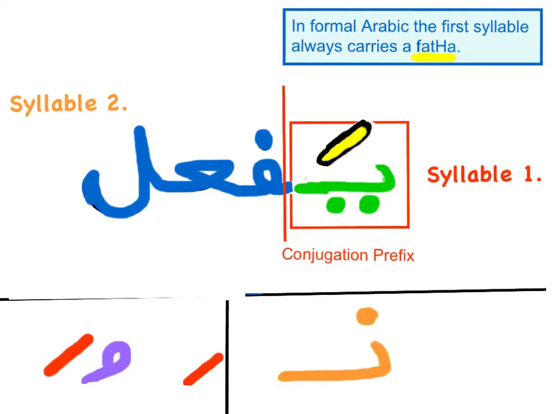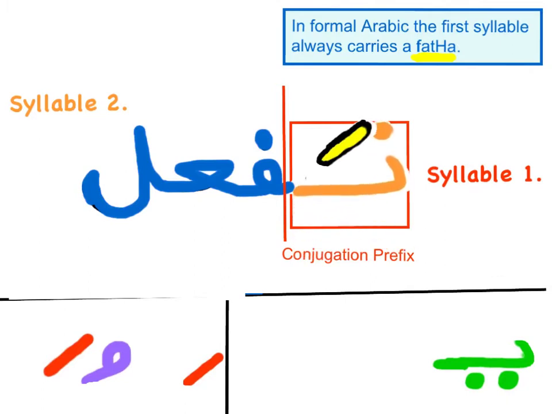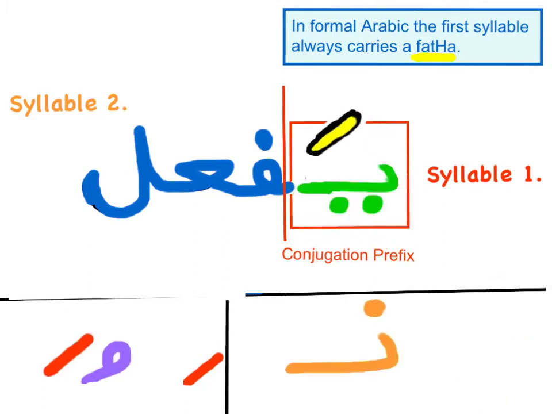What I mean by conjugating prefix is that ya usually goes with هو يدرس, whereas if I want to say نحن نفعل ندرس. And the second syllable has the stem vowel, which varies from verb to verb.